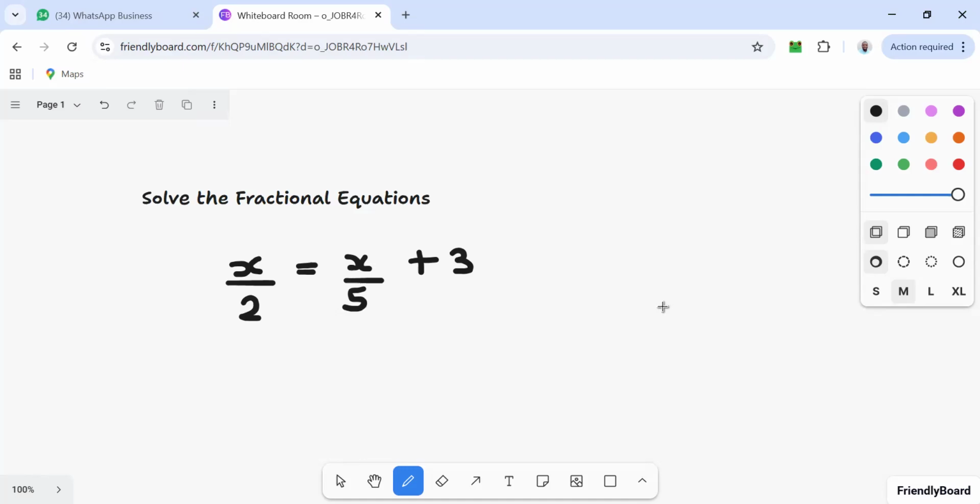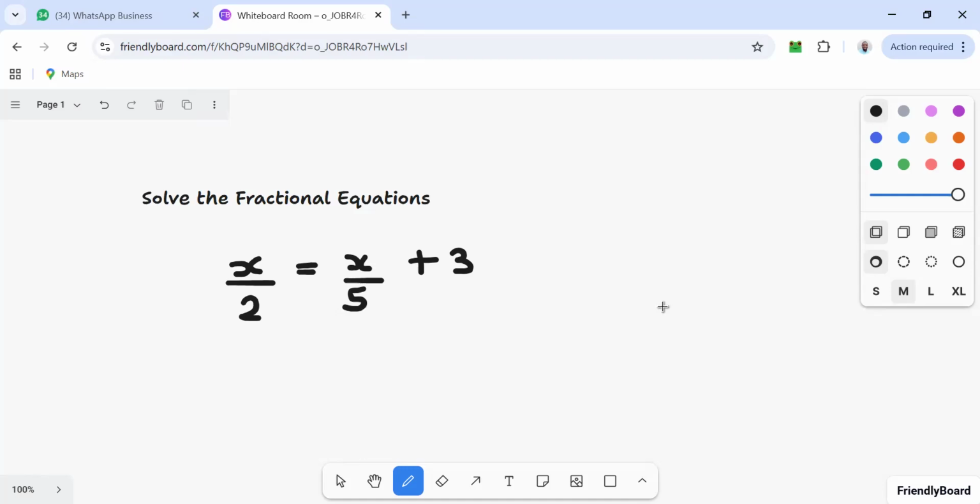I'm going to borrow the concept that we applied when we were simplifying that algebraic expression with fractions. I'm going to work with that concept on this particular equation.